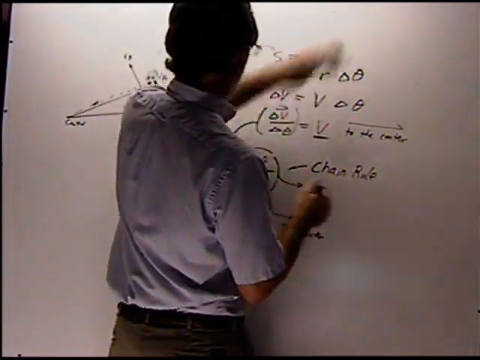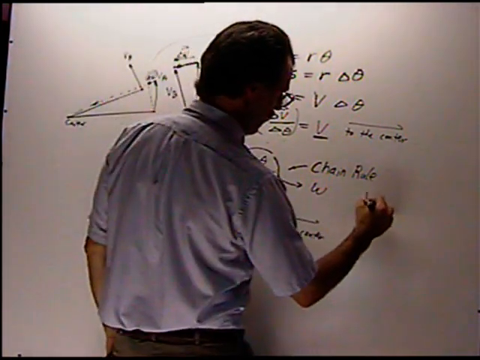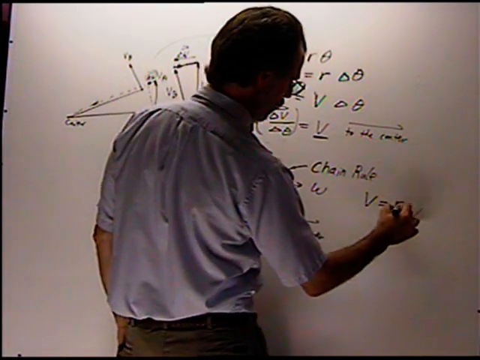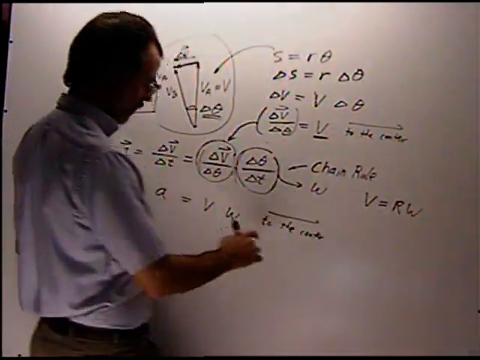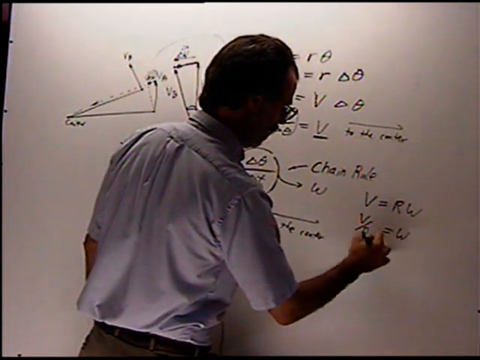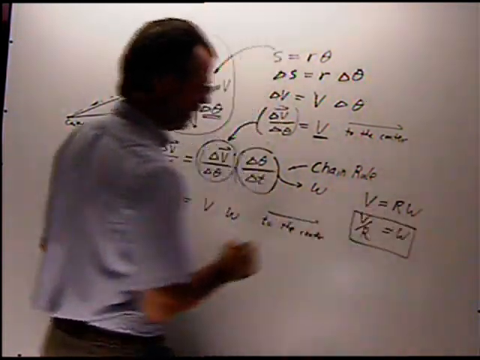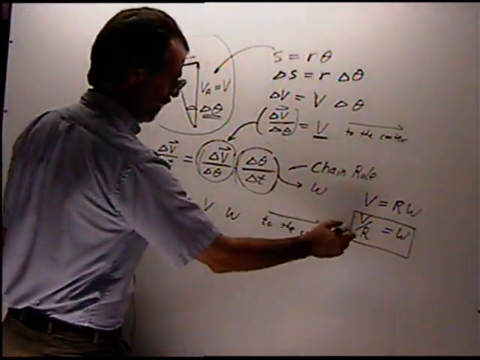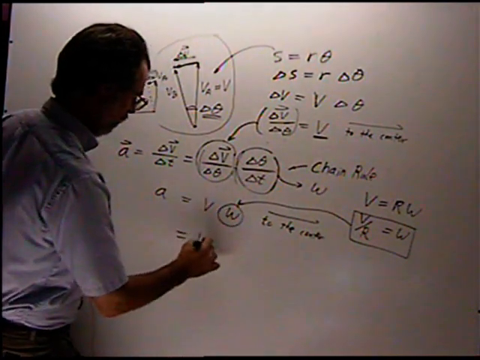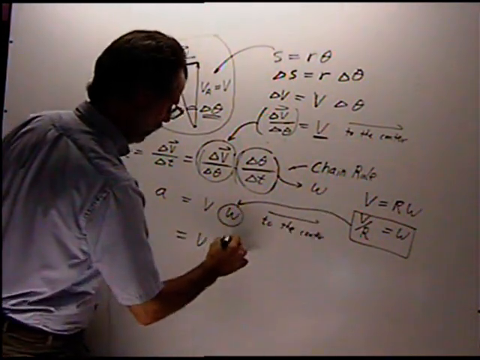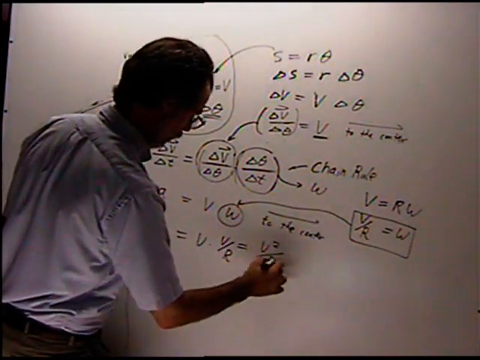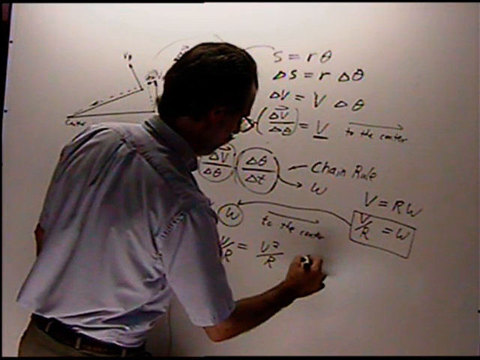Remember that V equals r omega. You will remember this, I hope. So omega is simply V over r, tangential velocity over radius. I'm going to plug this in. We have V times V over r, which gives us V squared over r, and the direction is to the center.